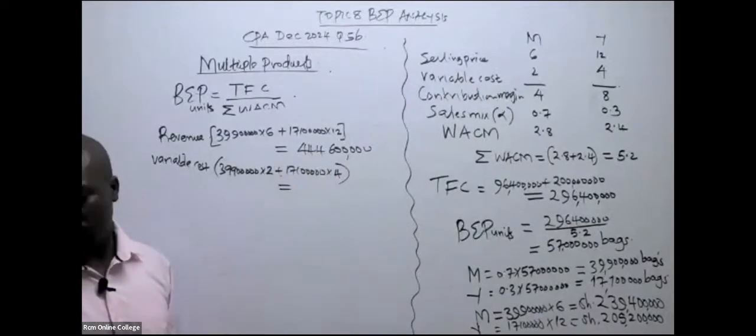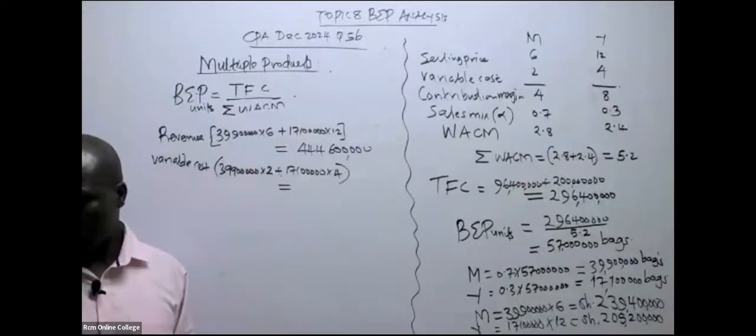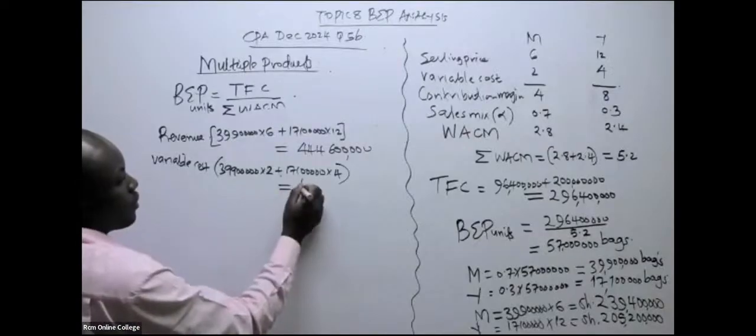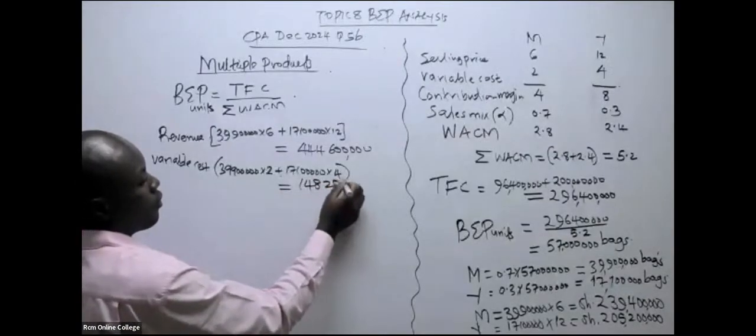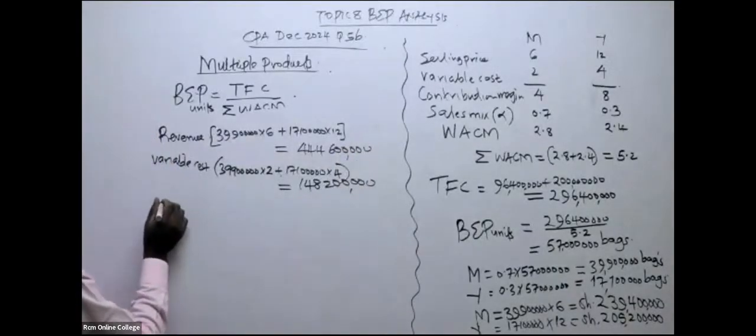How about variable cost? 148,200,000. Good. So when I deduct that, you're getting what you call gross contribution.